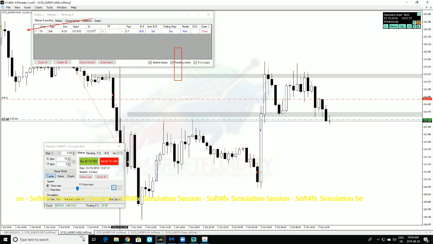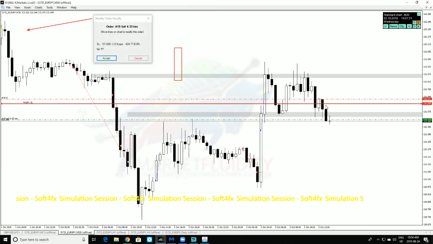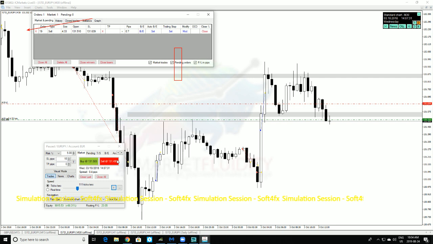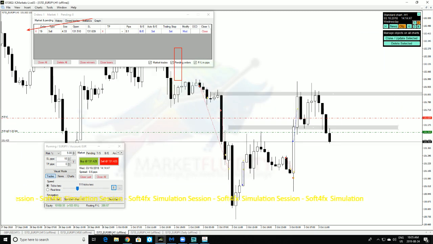I think it can continue down. So what I'm going to do is probably bring the stop a little lower below this candle. Let's see if we can have a profitable outcome. Oh, nice. It's moving down nicely.